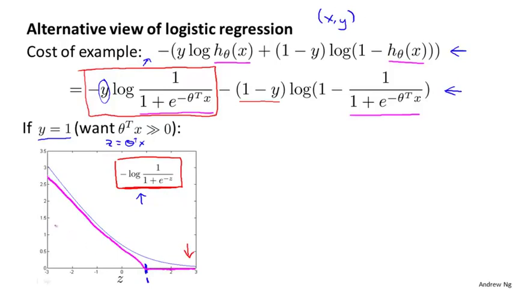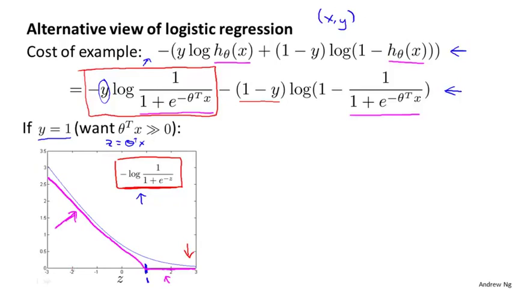The curve that I just drew in purple and magenta is a pretty close approximation to the cost function used by logistic regression, except that it's now made up of two line segments. There's this flat portion on the right, and then there's this straight line portion on the left.